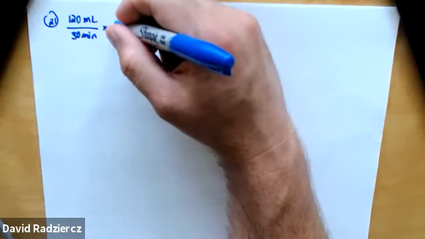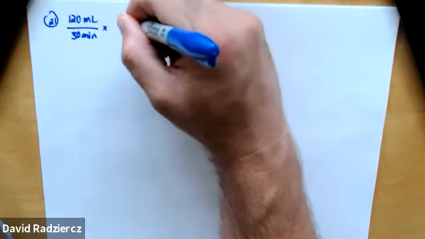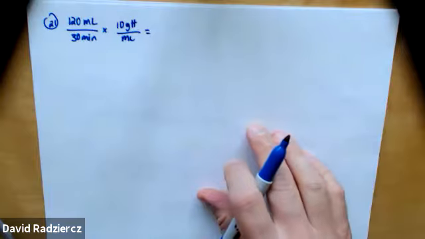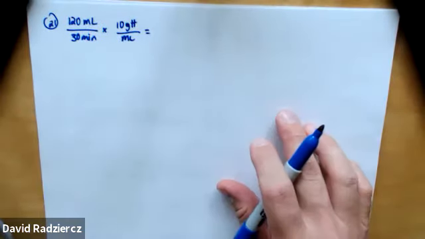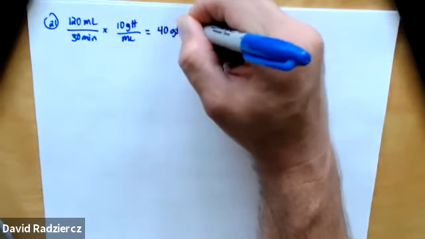All right. So the 120 milliliters over 30 minutes times the drop factor, and the drop factor is 10. So 120 over 30 is the same thing as 4, times 10 is 40 drops per minute.